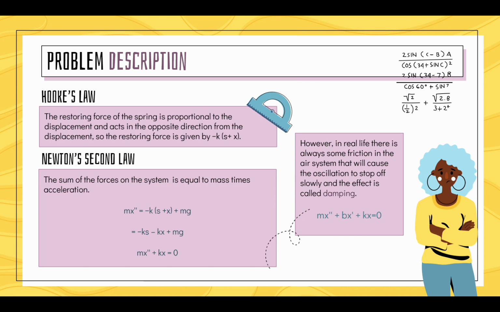So the damping force is given by negative bx prime for some constant b greater than 0. By applying Newton's second law, the differential equation will become mx double prime plus bx prime plus kx equal to 0.